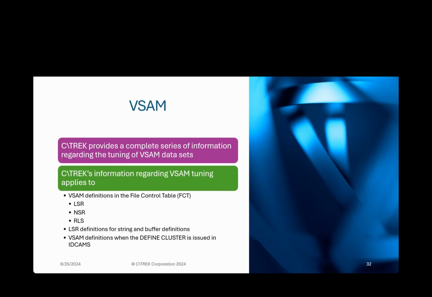But that 92% doesn't apply to every single file in there. It's the average of all the files. You're going to have some files with 92% or greater, and some with 92% or less. You don't really know from that statistic how well your file is doing. And for NSR, you don't get that information anywhere. We will provide that information for you, and I'll show you how we do that later.